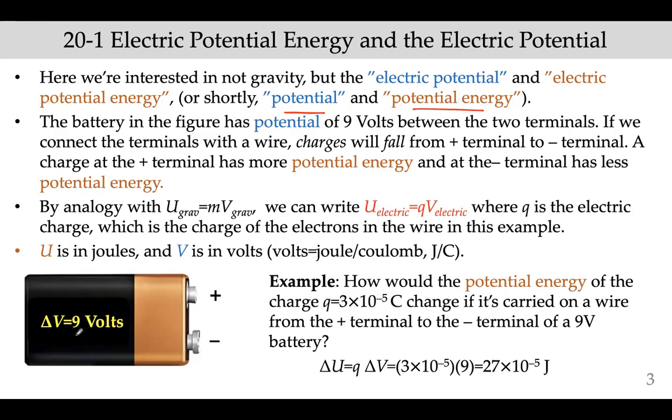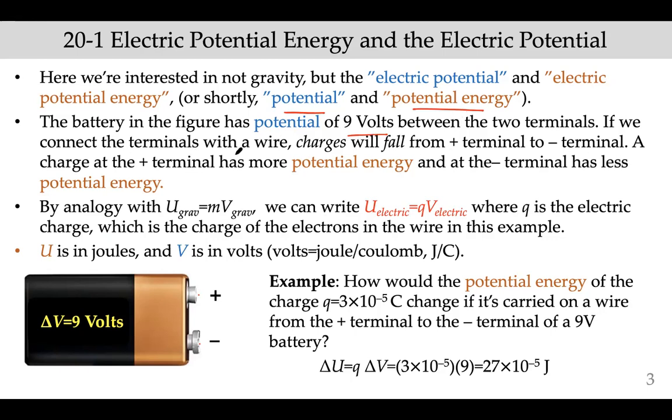When you read 9 volts on this battery, for example, it actually refers to the potential difference, not potential energy, but potential difference between these two terminals. So between these two terminals, there's a potential difference of 9 volts.